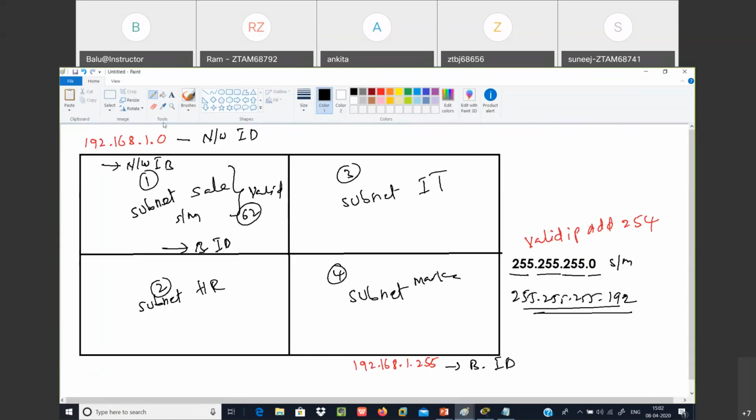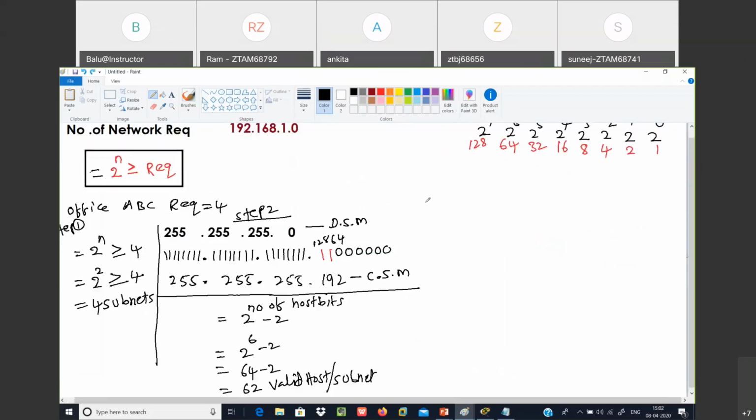But now we need to calculate the network ID and broadcast ID for the first subnet. If it is not divided, we can directly say 1.0 is the network ID and 1.255 is the broadcast ID. Here we have 4 subnets. For each subnet, what will be the network ID and broadcast ID? To find them is very simple.